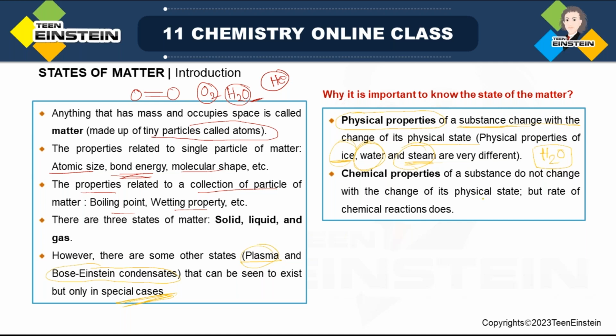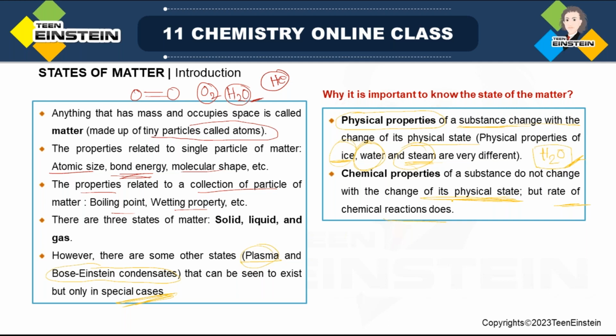Chemical properties of a substance do not change with the change of its physical state. Fine, because chemically it is always two hydrogen atoms, one oxygen atom, there are two O-H bonds. So it has nothing to do with chemical properties. But remember, depending on whether the compound is present as solid, liquid or gas, the rate of chemical reaction will change.